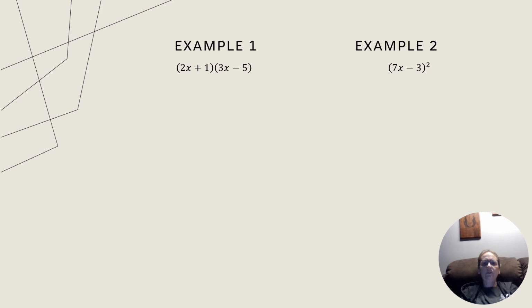So let's get into our examples. So this first problem, I'm going to start by distributing the first thing through both parts. So I have 2x times 3x. So 2x times 3x is 6x squared.